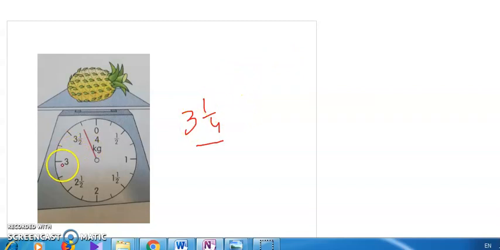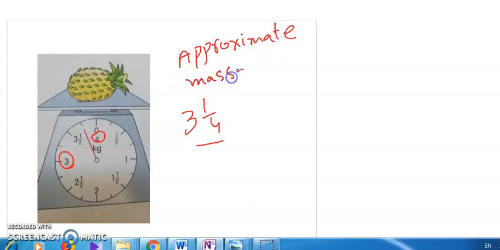For approximation, I can approximate to 3 or I can approximate to 4. But if we look, the scale is nearer to 4 as compared to 3. So I will say this scale is nearer to 4 than 3. So the approximate mass in this case is equal to 4 kg.